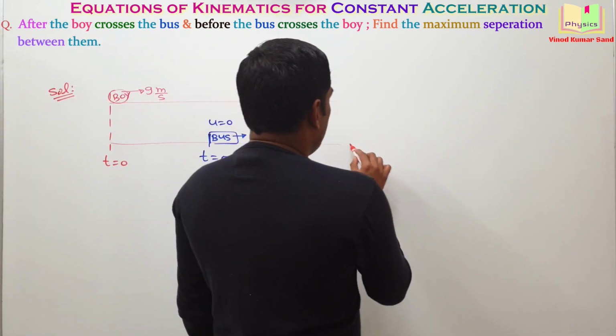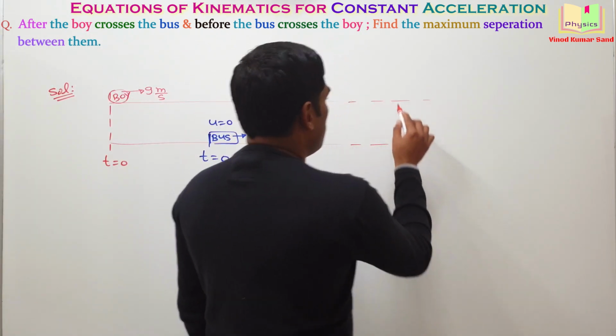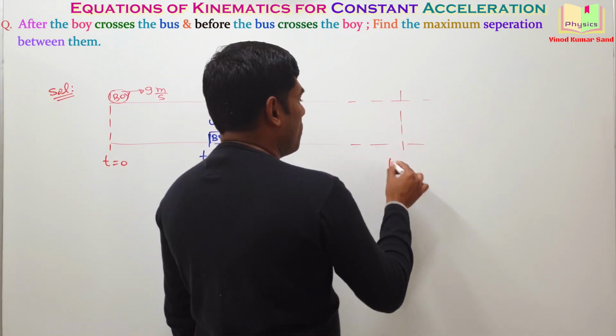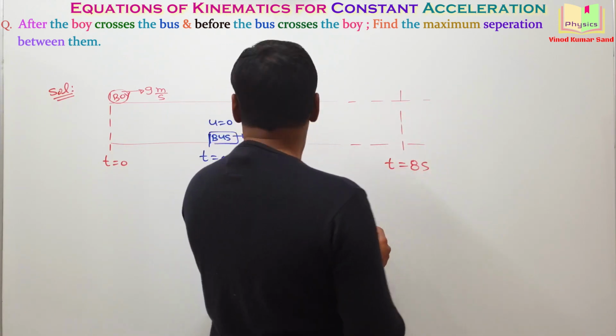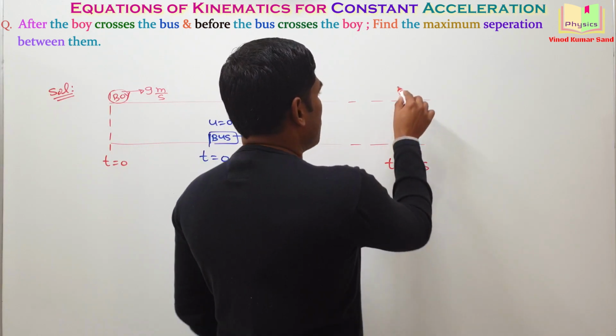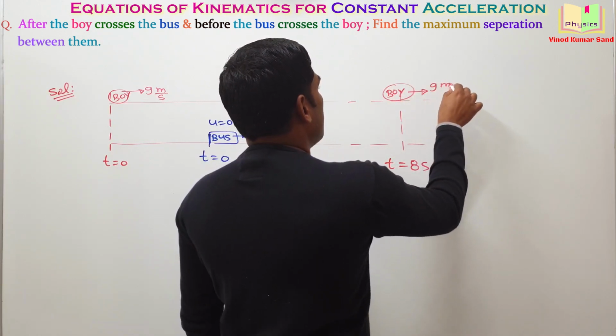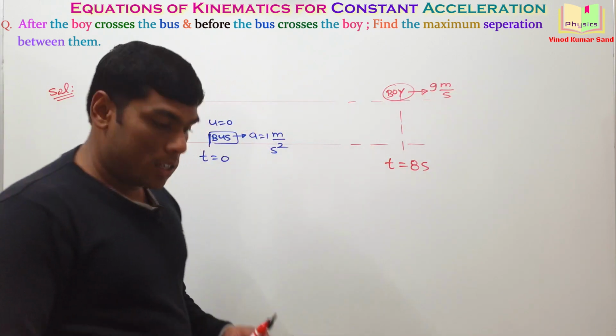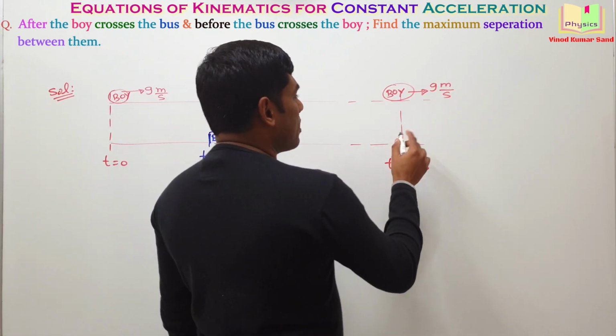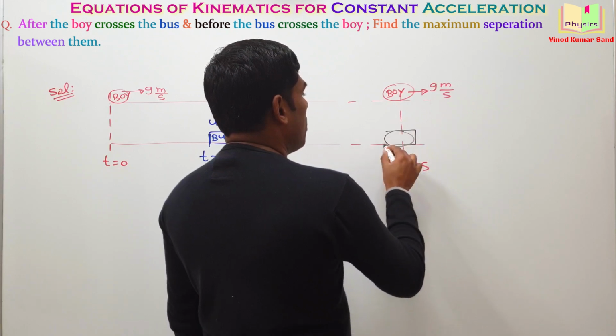Then there comes the moment t is equal to 8 seconds somewhere here. At t is equal to 8 seconds, the boy reaches here. Its speed is yet 9 meter per second, constant. And at t is equal to 8 seconds, how much will be the speed of that bus?